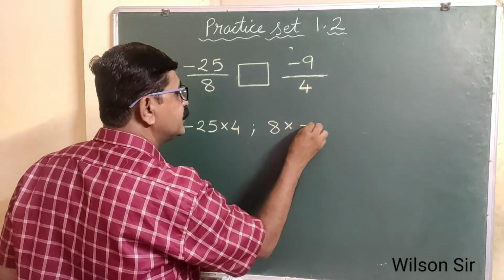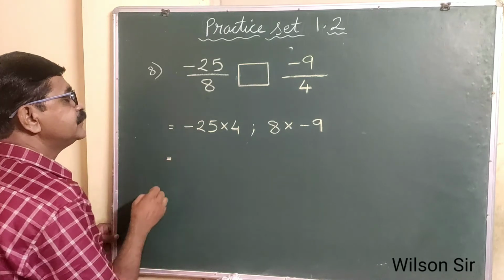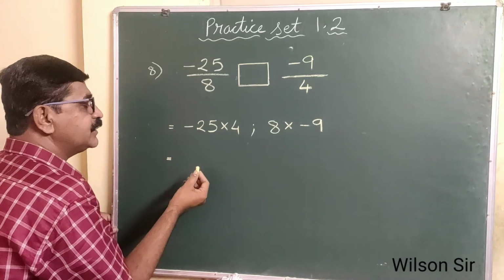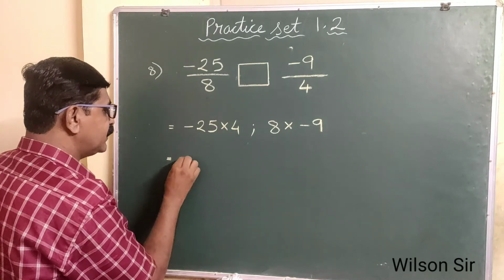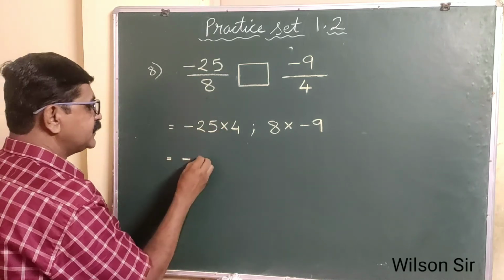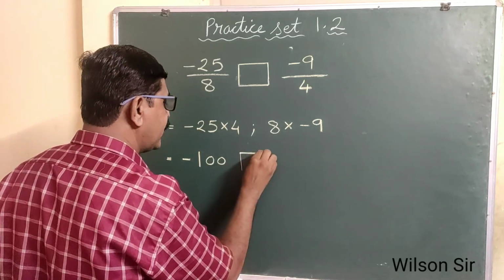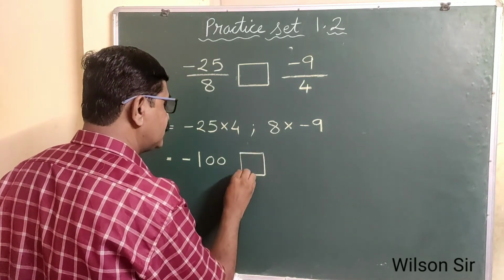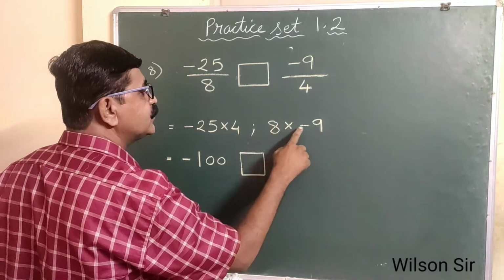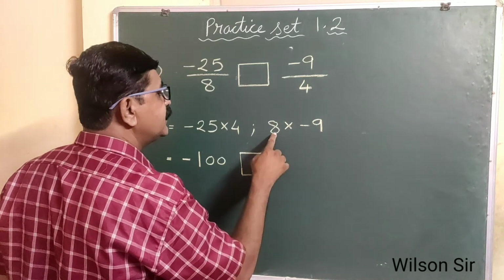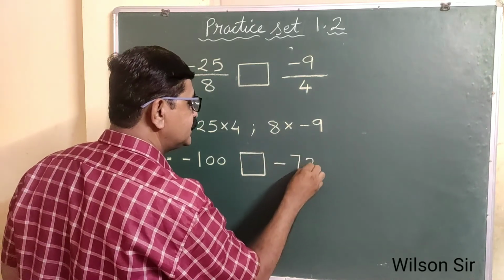Now here first we will multiply the signs. Minus into plus is minus, 25 fours is 100. Now you can have this column of greater and smaller. Plus into minus is minus, 8 8s are 64, 8 9s are 72.